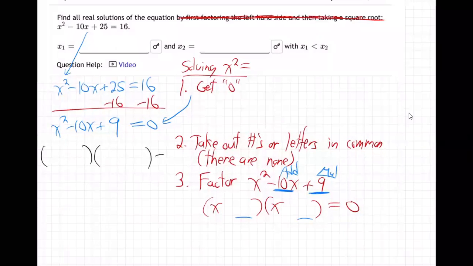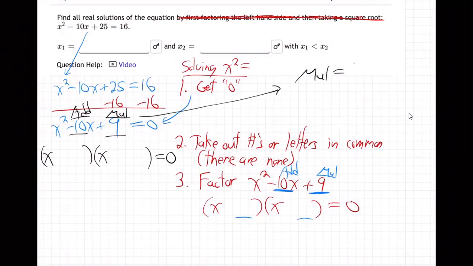So 2 parentheses, x is in the front. What 2 numbers multiply to be 9, positive 9, and add or subtract, whatever, to be negative 10? Well, what numbers multiply to be 9? I'll bring it over here. What numbers multiply to be 9?